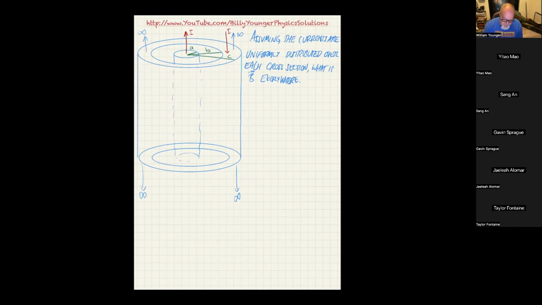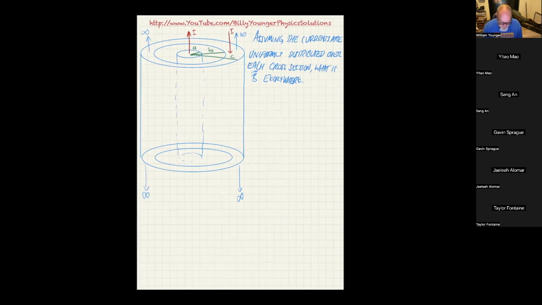If I drew my coordinate system, I'd orient my z-axis along the central axis of the coaxial cable, my y would be on the page to the right, and my x would come out of the page. So that's the coordinate system we're using. I want to calculate what this magnetic field is. So let's work on our solution.